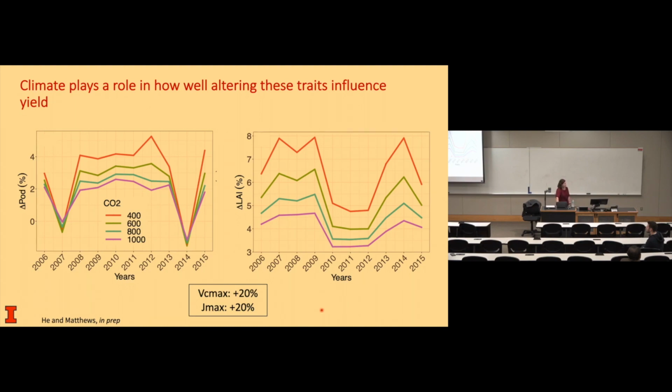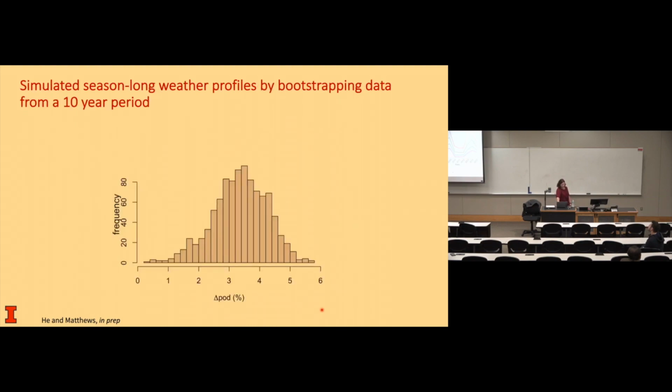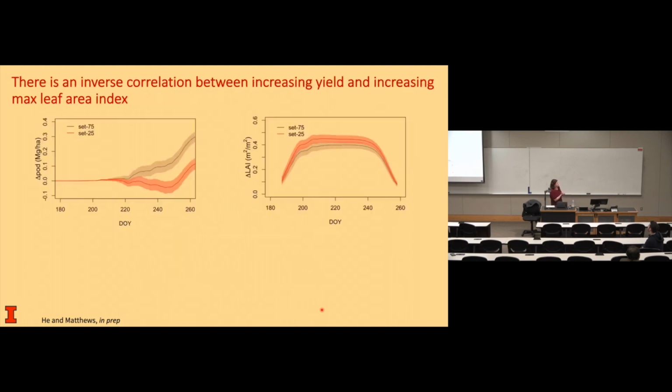And so what we did next was create a set of synthetic weather data, using a bootstrap method to create 1,000 samples from these 10 years of weather data, giving a range of weather profiles that come from weather we've actually seen in this period.